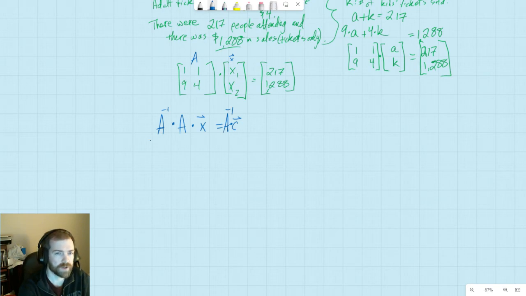The reason that we want to left multiply A inverse times A is that these are inverse matrices of each other. And so we get the identity matrix 2 by 2 multiplied by our x vector, which is going to be equal to A inverse times C vector.